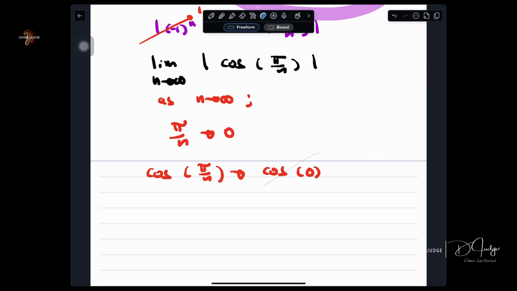Cosine of 0 is 1. So this limit will go to the absolute value of 1, which is 1.